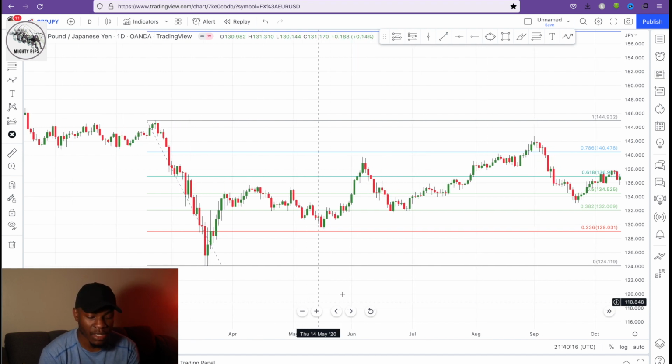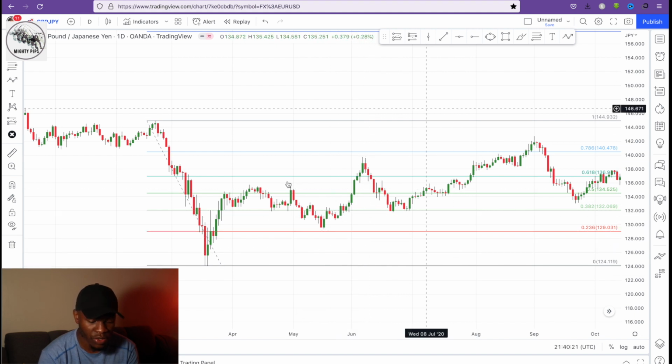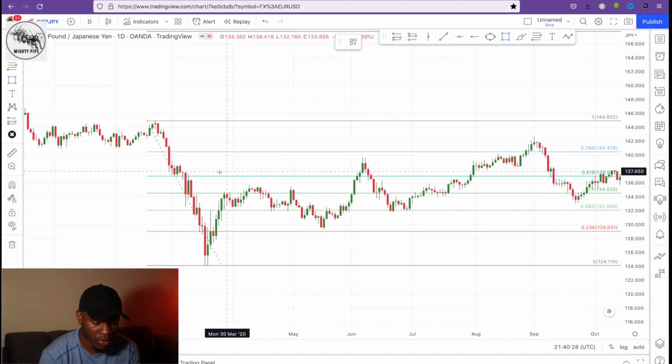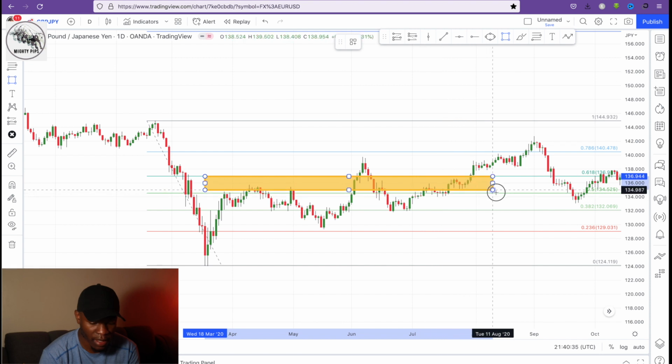So after you've done this, look for the golden zone, which is the area between 50 and 61.8 Fibonacci, and draw your golden zone there. You can move it to the future, or you can just draw it to where you want it to stop.